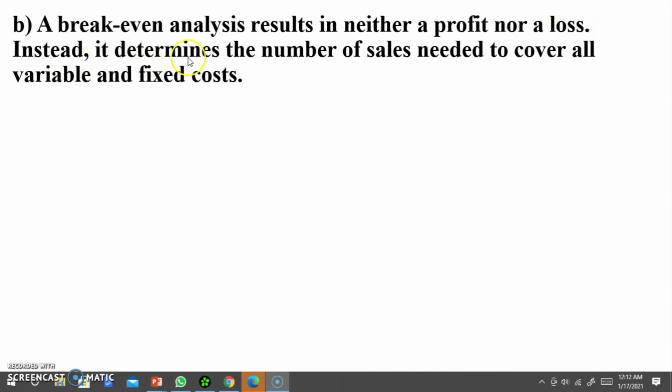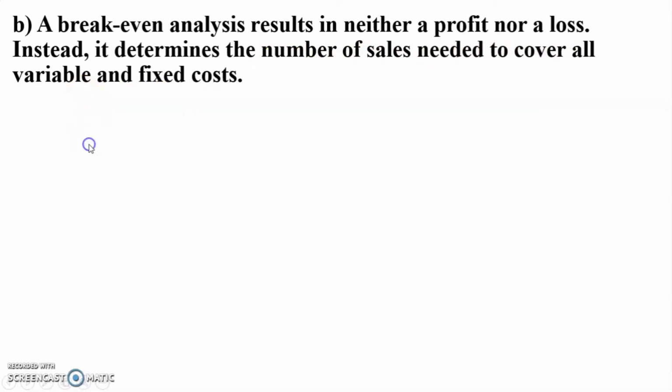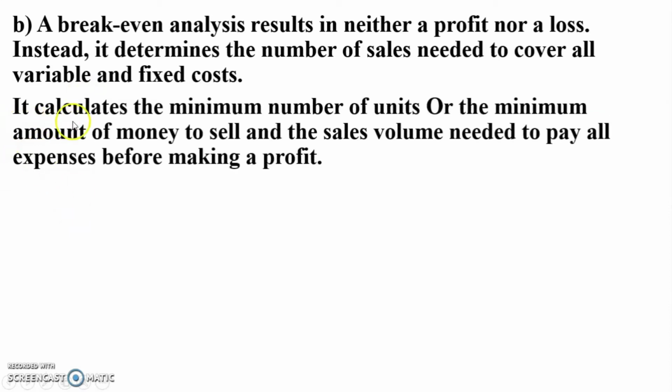Instead, it determines the number of sales needed to cover all variable and fixed cost. It calculates the minimum number of units or the minimum amount of money to sell, and the sales volume needed to pay all expenses before making a profit.